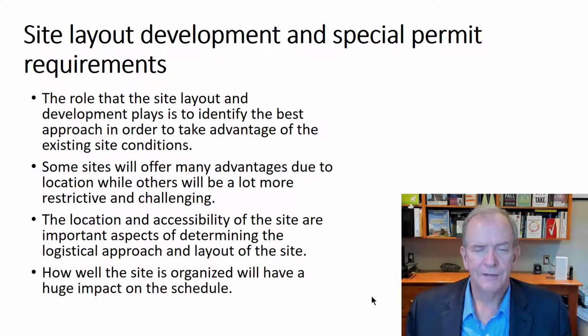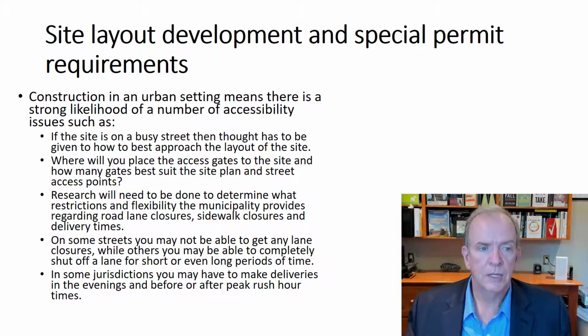You'd have situations with airports and special permit requirements just to put up a crane. There's all kinds of these permits that you might not even be aware of until you actually get into something.